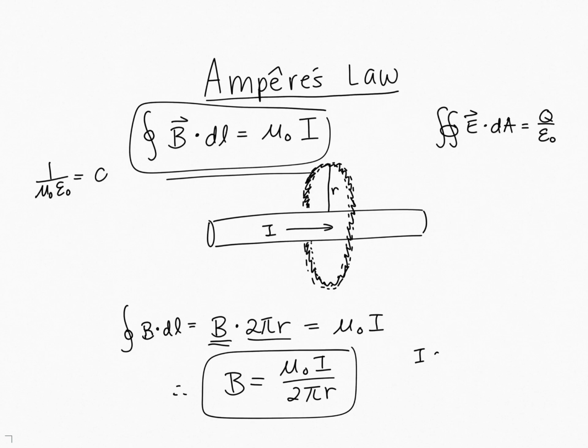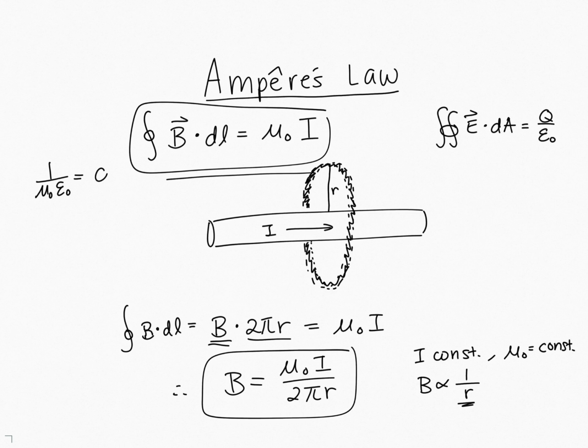Now what we find is that if I is constant, and we know that mu 0 is already a constant, that just leaves us that B is going to be proportional to 1 over r, which is the distance we are away from the wire.